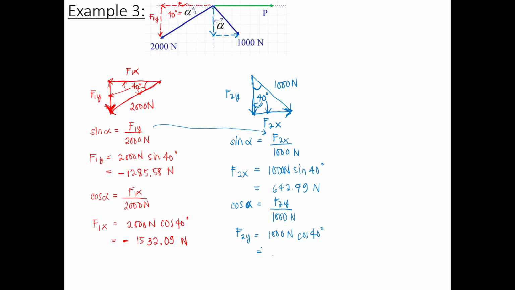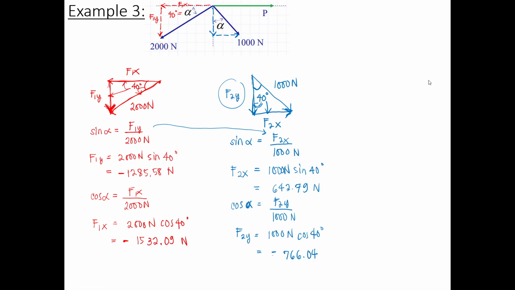Since the vertical component of the second force is going downwards, this will be a negative sign. So minus 766.04. That's your value for the vertical component of the second force.